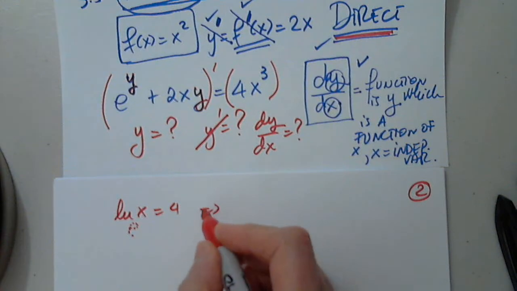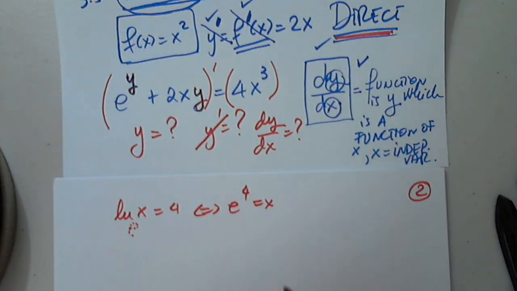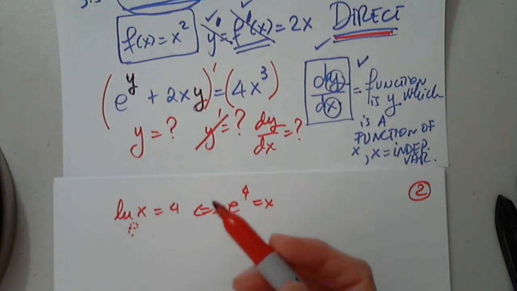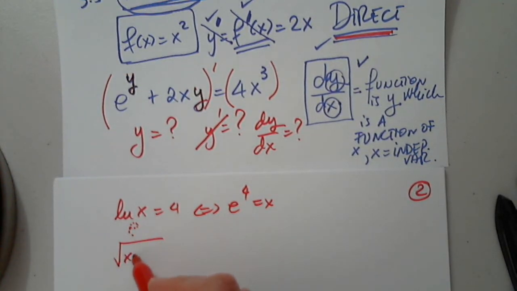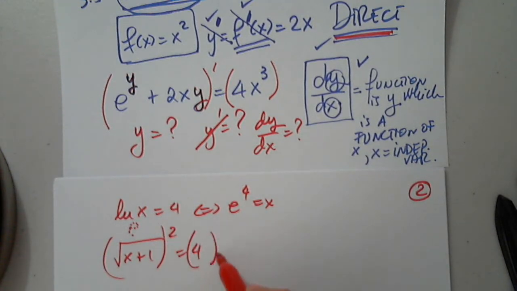E to 4 equals x, right? So I'm applying a procedure to both sides. Maybe a better example is something like this. I'm applying a procedure to both sides at the same time to solve for x. I get x plus 1 on the left-hand side, 16 on the other, so x equals 15.